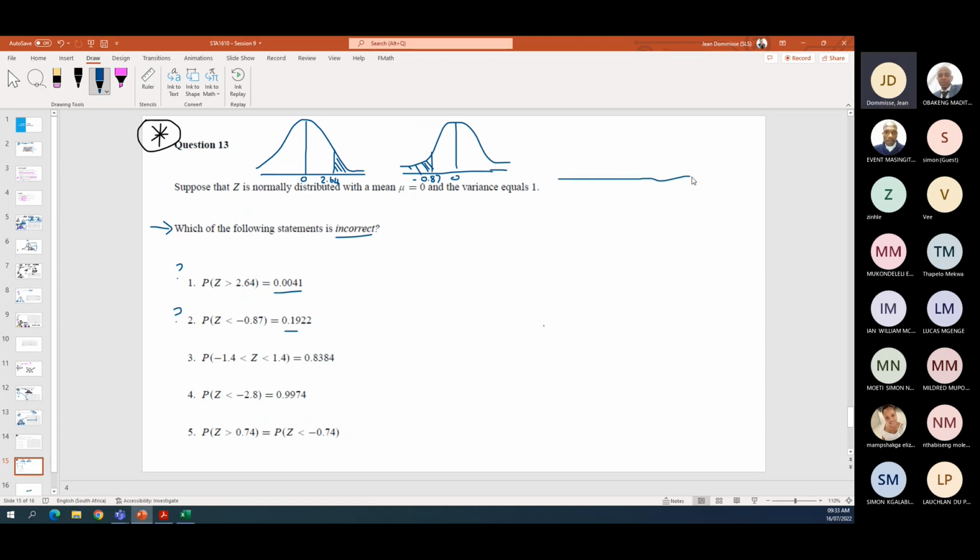If I sit with the area they ask us between 1.4 and negative 1.4, okay, I'm in two minds, but for me, this should be bigger than 0.5. It seems like it is.